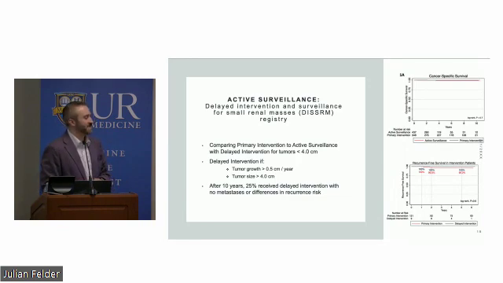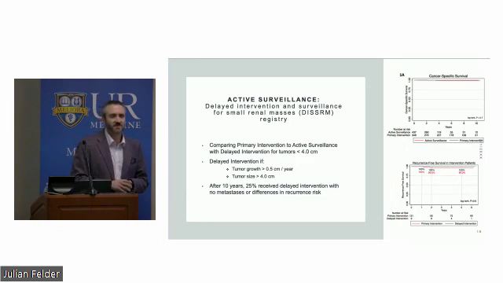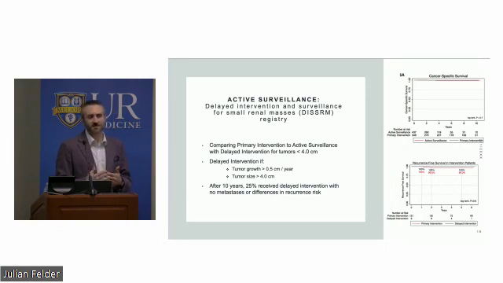And what they found was that it's very safe to watch small renal masses. The majority of them end up not growing. And this has even made it into our national guidelines as urologists. For tumors in the kidney that are 2 centimeters or less, the preferred initial management strategy is let's just watch it for right now. Whether or not it's actually a kidney cancer, the majority of them don't grow.